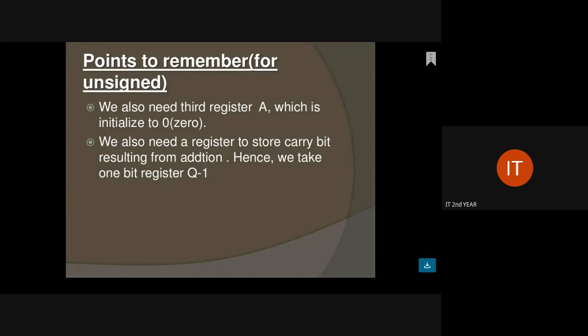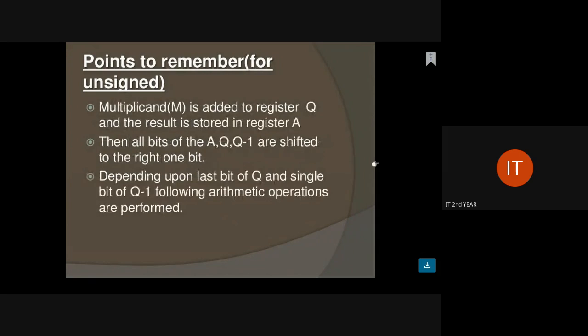This accumulator is initialized to 0 while we are dealing with Q and M. We also need a register to store the carry bit resulting from addition. However, we can take one bit of register Q minus 1. This is a very important point that we will see while dealing with the sample examples.